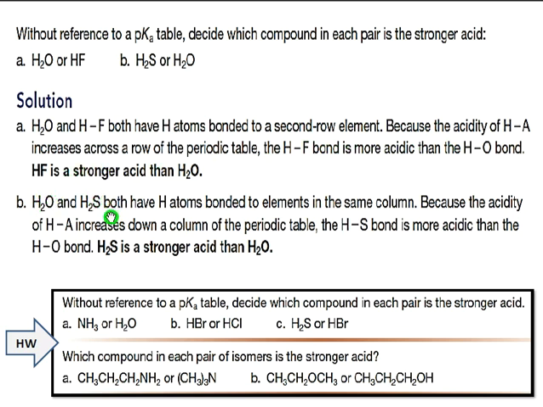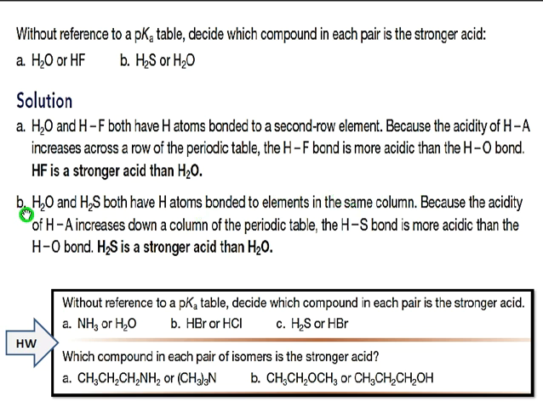For H2S and H2O, both have a hydrogen atom bonded to the same kind of element, but in the column the position is up and down.